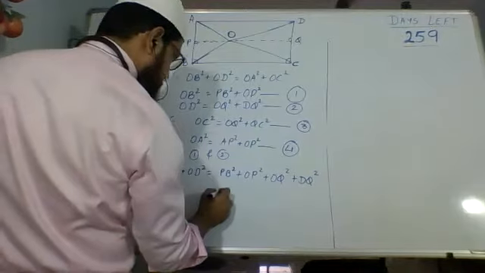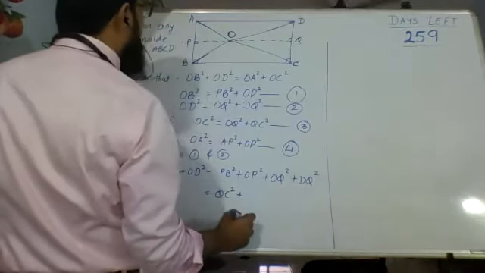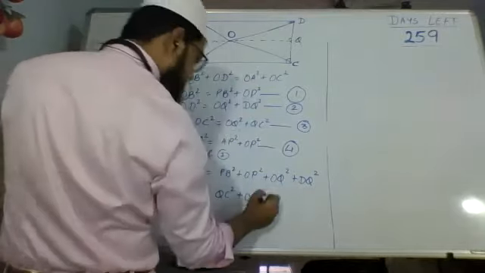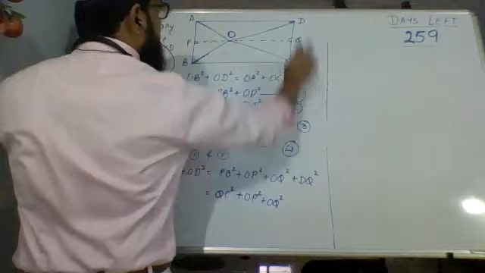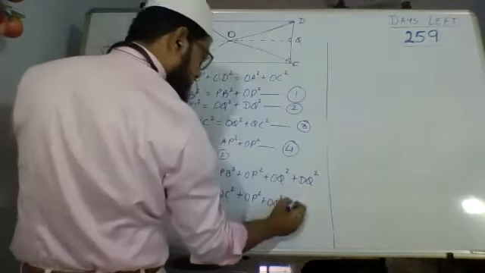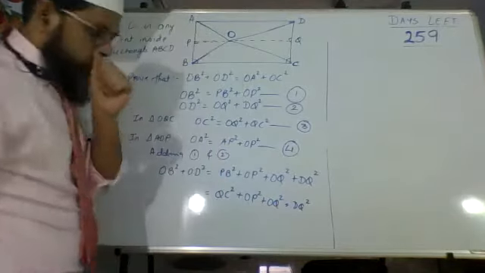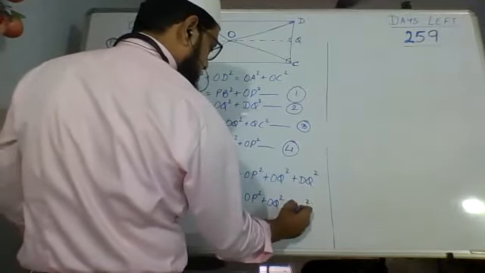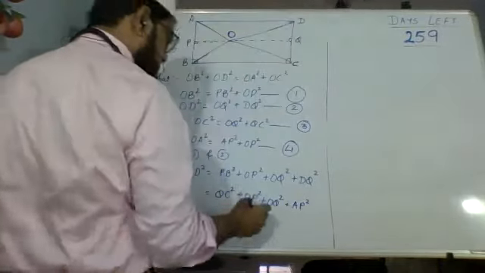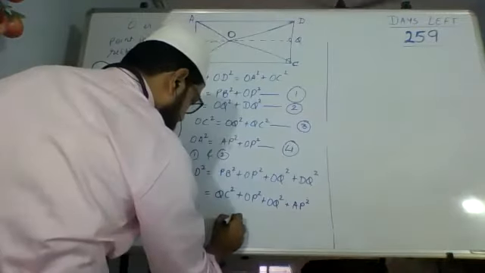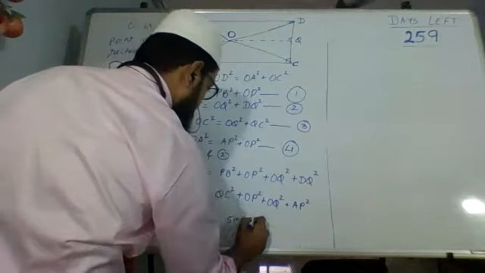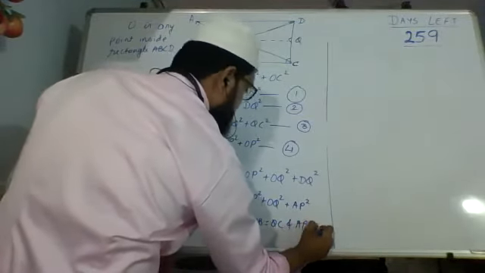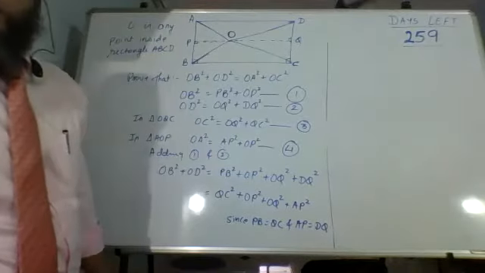So this is equals to QC square plus OP, I leave as OP only for the moment, OQ I leave as OQ only, and DQ I write as AP square, because whether it is DQ or AP, the reason is that PB equals to QC and AP equals to DQ.